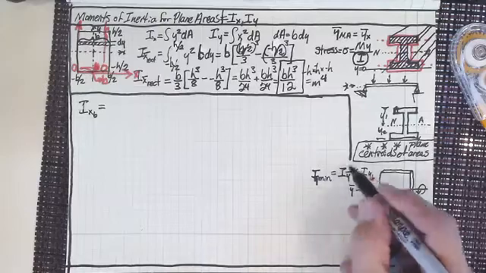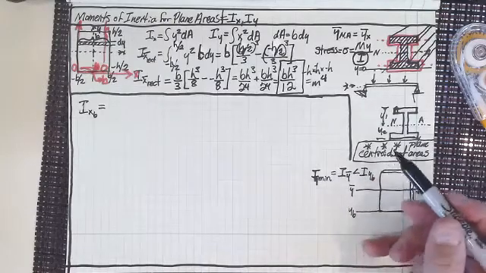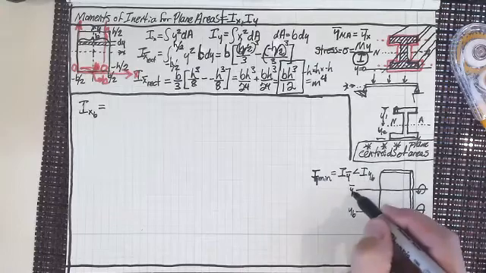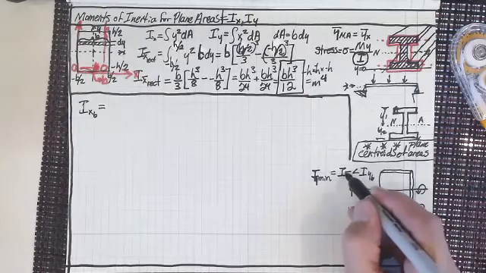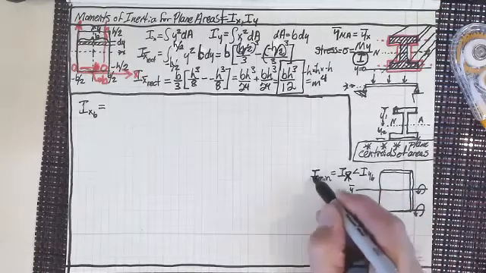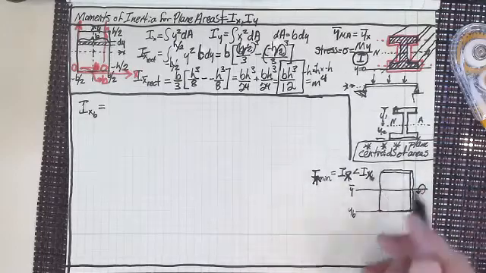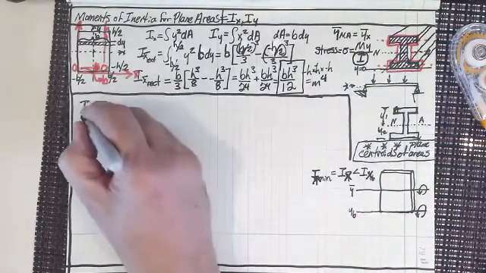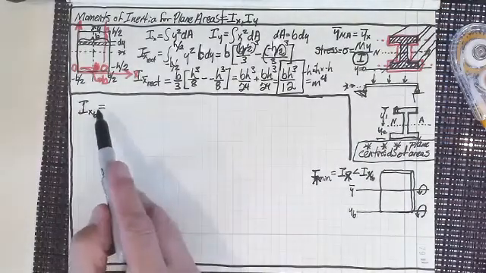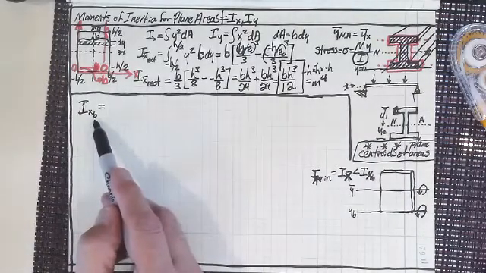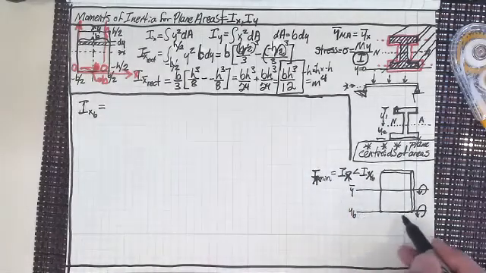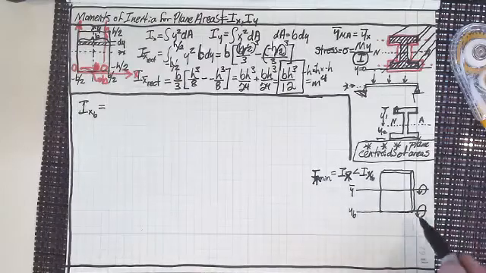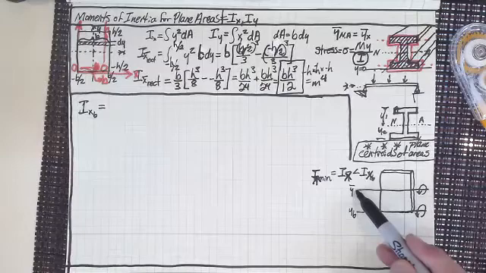So when we're looking at the moment of inertia about the x-axis, we would expect it, these are right, don't worry, we would expect it to be much greater around the base than it would be around here.